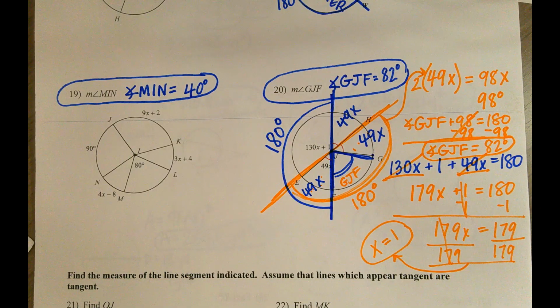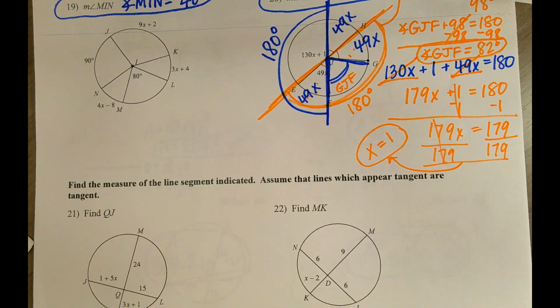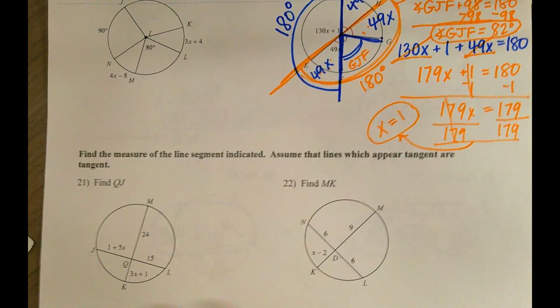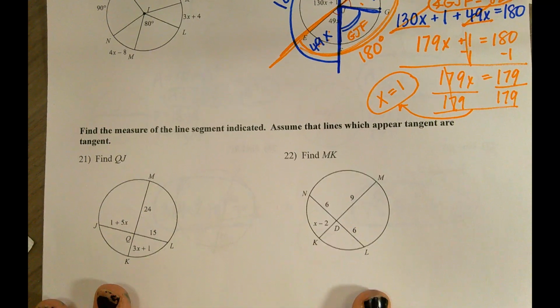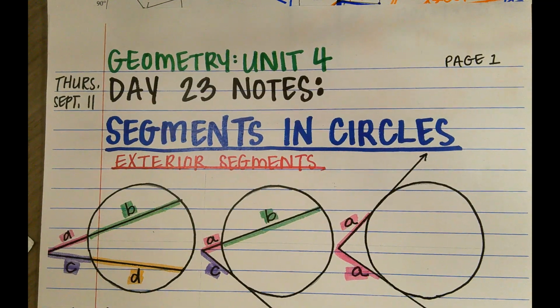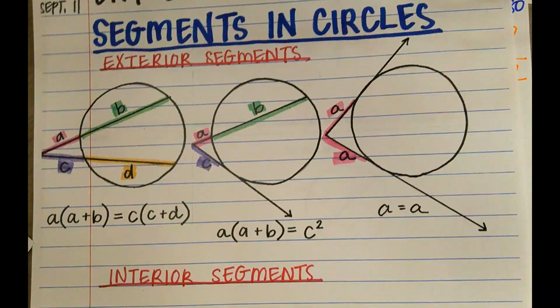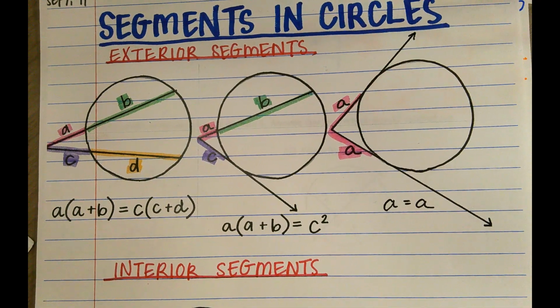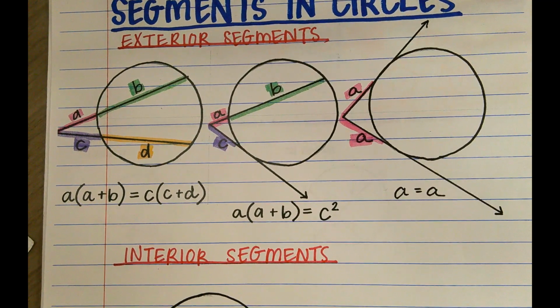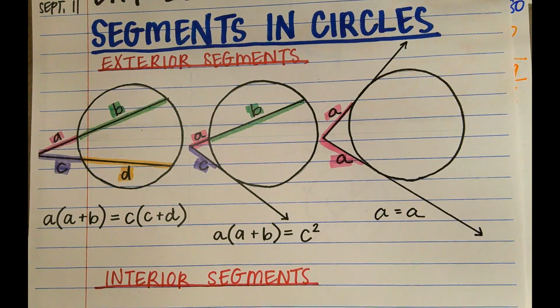All right, we are back and now we're looking at segments. We're not looking at arcs and angles anymore. So remembering back to last week on Thursday, this would be a great page of notes to get out, day 23 notes. This is whenever we wrote down and drew some diagrams that go with certain formulas for our segments.